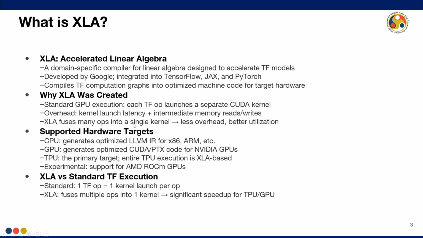XLA fuses many operations into a single kernel. It has less overhead and better utilization, because in TensorFlow each operation that you define under the tf.function decorator will be converted into a TensorFlow graph, which is cached based on an input signature that you define. When that input signature matches, it takes the graph from the cache and executes it.